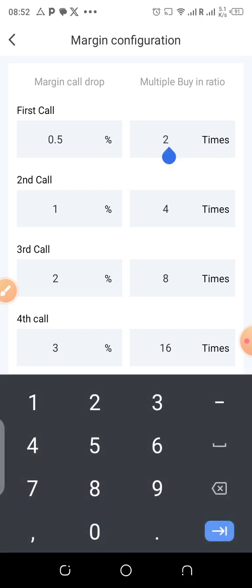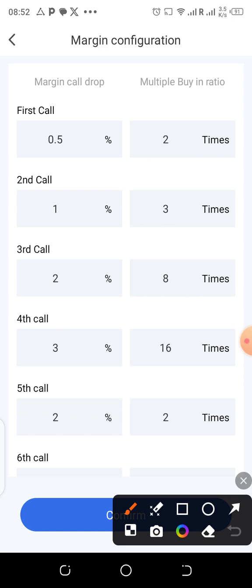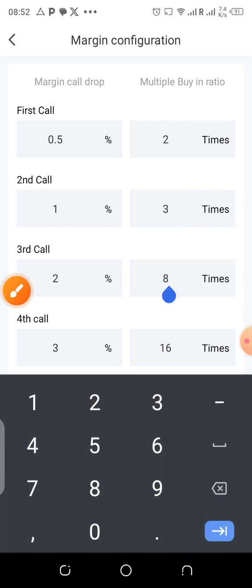If you don't have capital, you can use the Fibonacci. Here you are going to put 2. Then here you are going to put 3. Then on the third call, you are going to say 3 plus 2, that means here you are going to put 5.